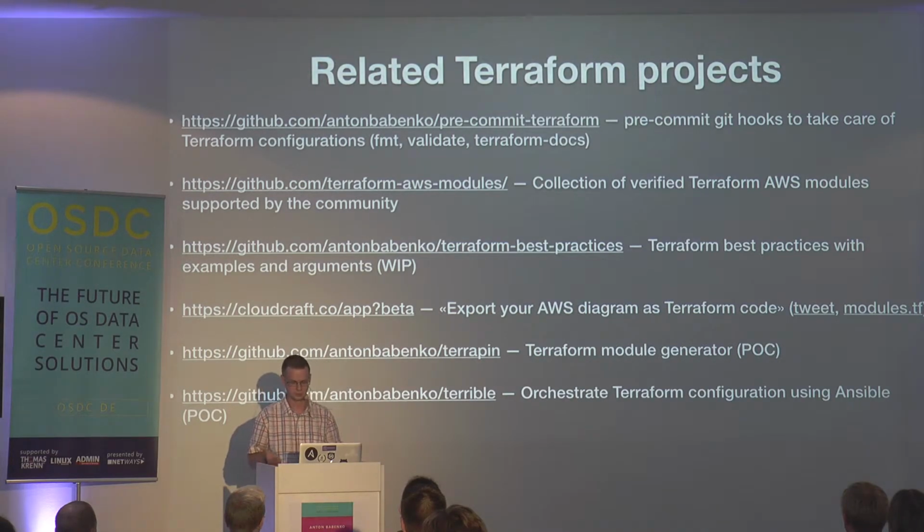What can go wrong with combining Terraform and Ansible, right? No, it's actually terrible. Terrible is a way to orchestrate and execute Terraform commands sequentially for your data structure, for your composition. So you define how your code is lined up and what kind of command you want.